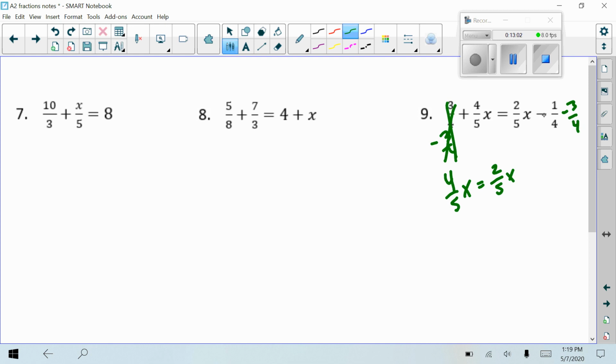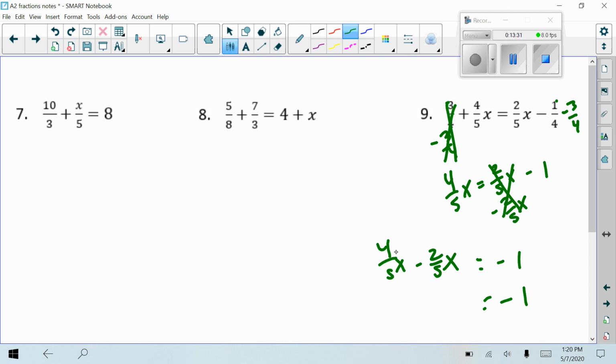What's going to happen when I take -1/4 minus 3/4? I'm going to get -4/4. And what's -4/4? -1. So I move this term over. Now let's move this 2/5 x to the other side. Subtract 2/5 x. So 4/5 x minus 2/5 x.